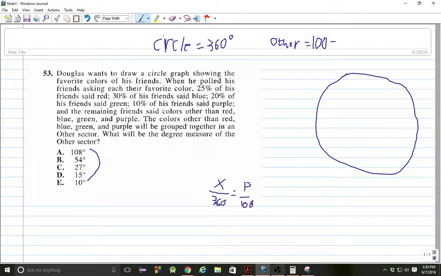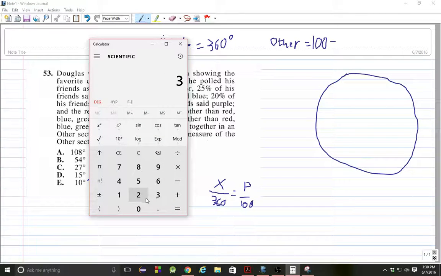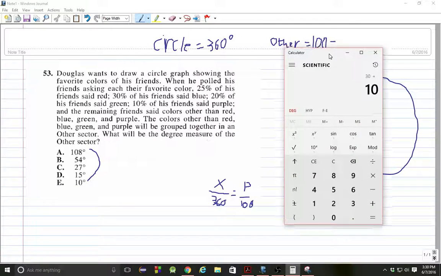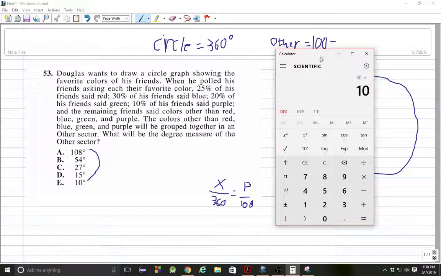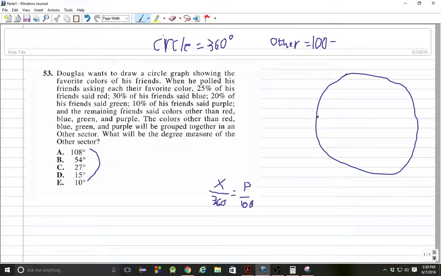Let's check that. 30 plus 10 plus 20 plus 25 equals 85%. I was right on that. So that means that the other sector is going to be 15%, because 100 minus 85 equals 15%.